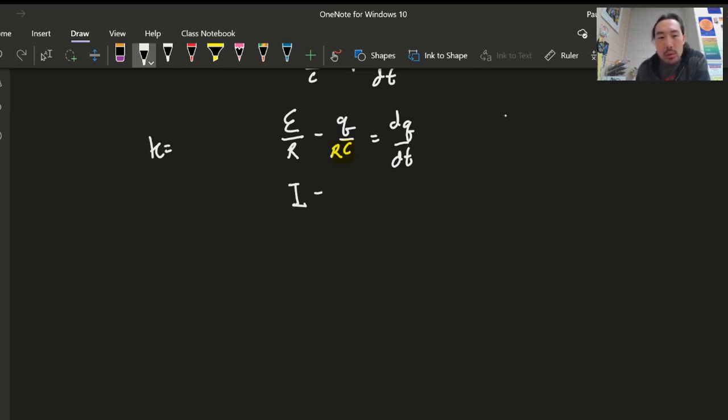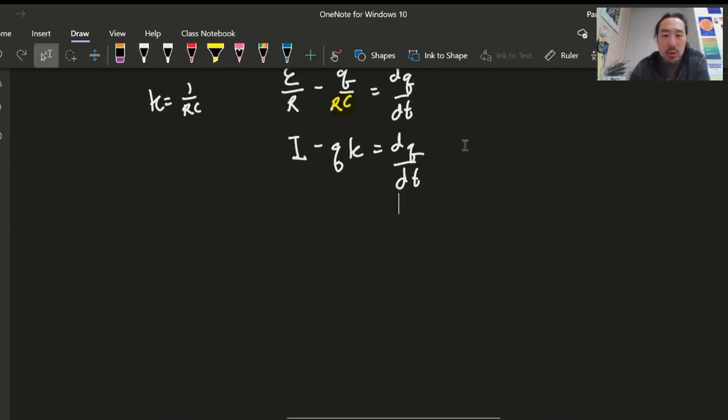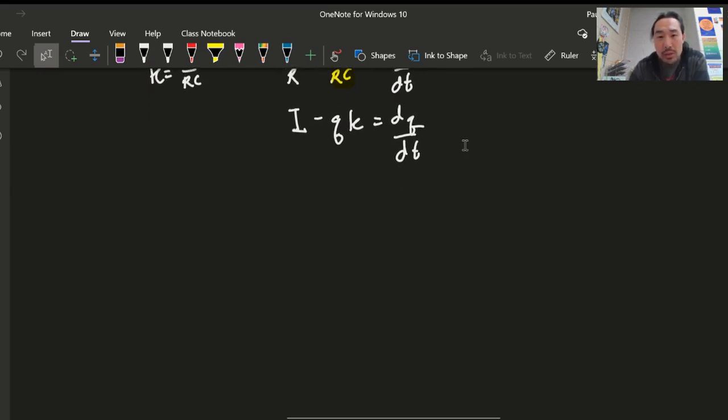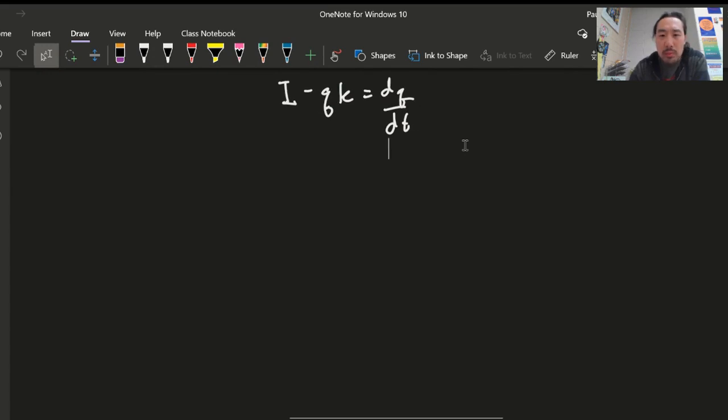So K would equal 1 over RC. This formula becomes I minus qK is equal to dq over dt. That's just a mathematical trick to get rid of that RC in the denominator and replace my constants with another constant. It just makes my math a little bit cleaner.